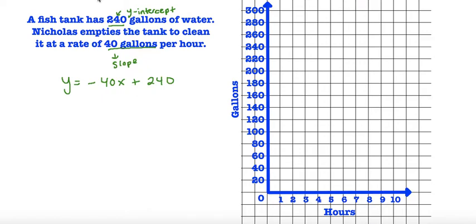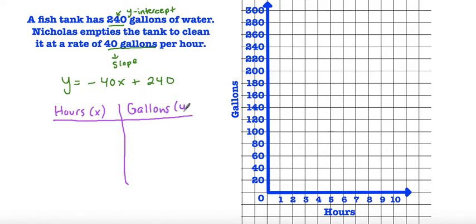And so we could use a table to represent this, where x represents the hours and y represents the total gallons at different points in time. Originally the fish tank started off with 240 gallons of water.